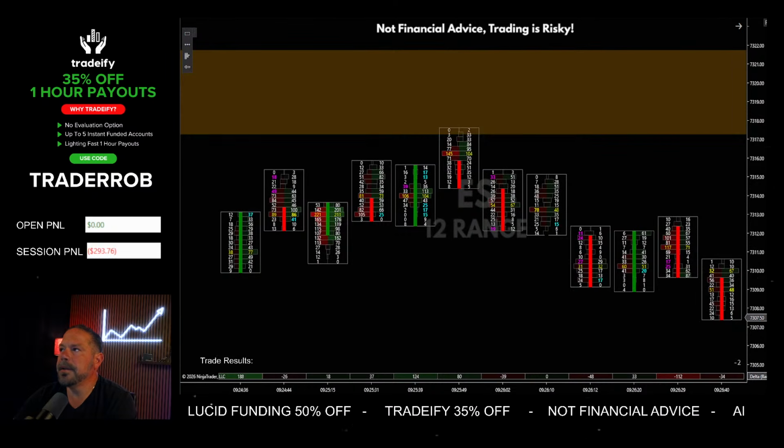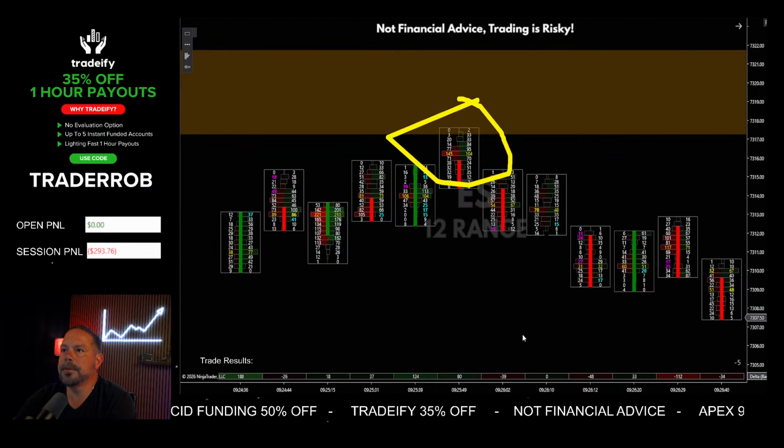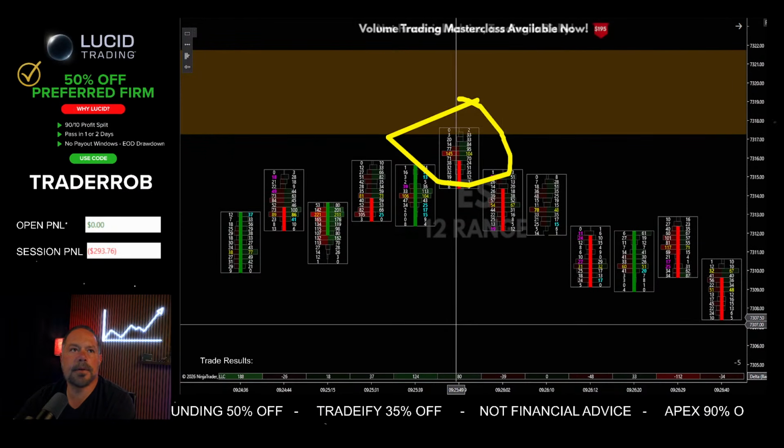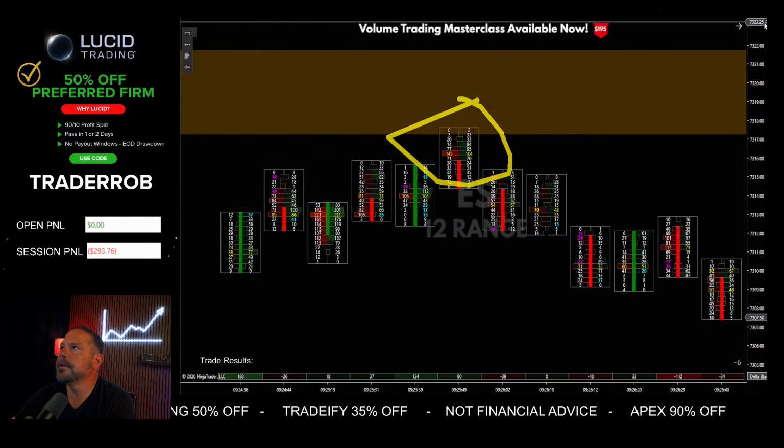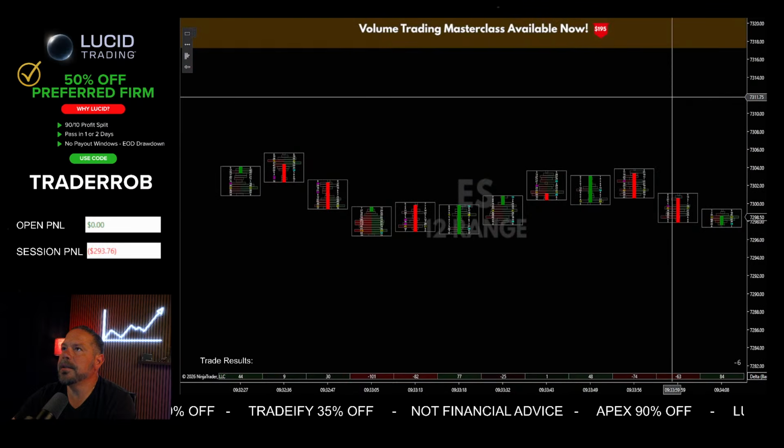Maybe we should be playing the ES right now. That was a nice flip right there on the ES at that zone that I marked off. That was clean.